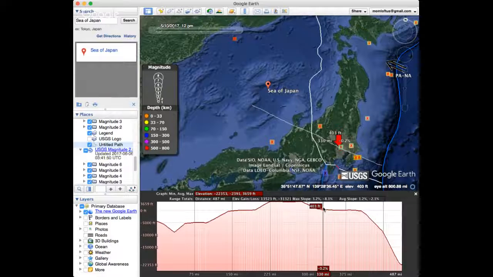That's in kilometers. That's a really shallow earthquake. Yeah, it would be. But it's the deeper of the three that are in the area on this line that we've drawn.